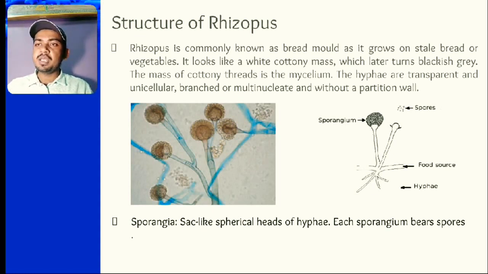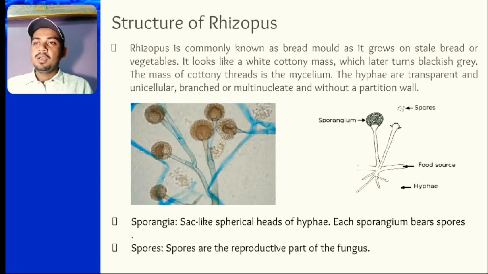First one is sporangia. These are sac-like spherical heads of hyphae. As you can see in both the images, the hyphae has a spherical head. Each sporangium bears spores and is full of spores. What are spores? Spores are their reproductive organs. The spores will float somewhere else, and there again they will grow as another mycelium.